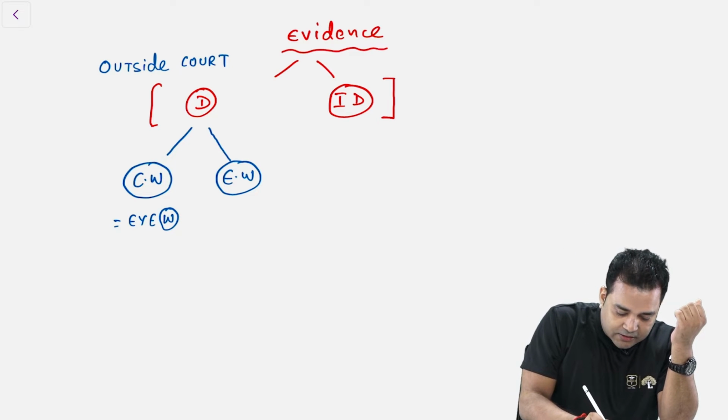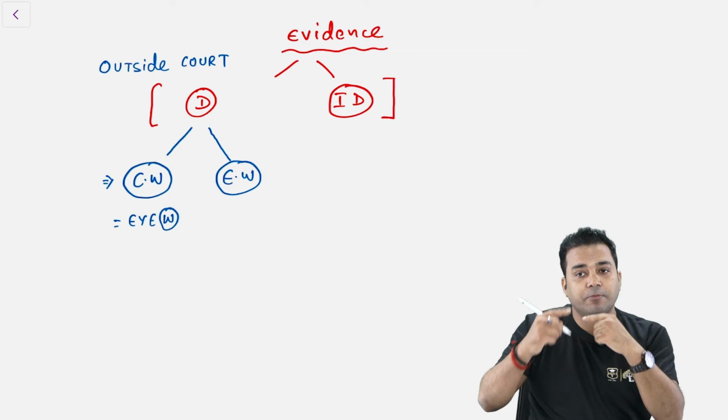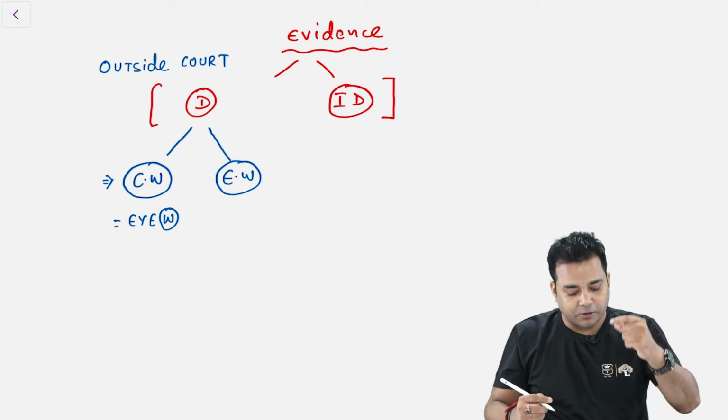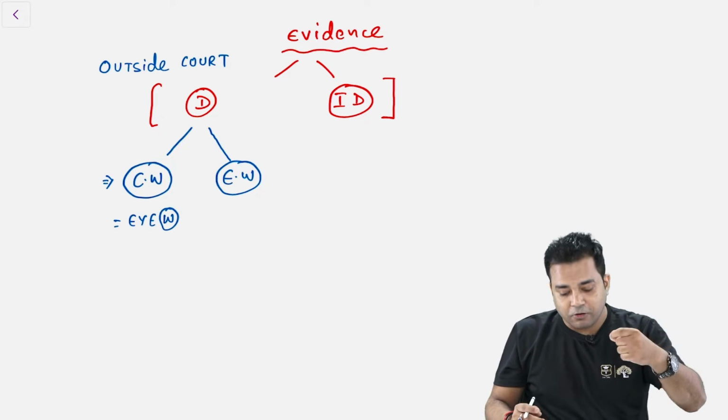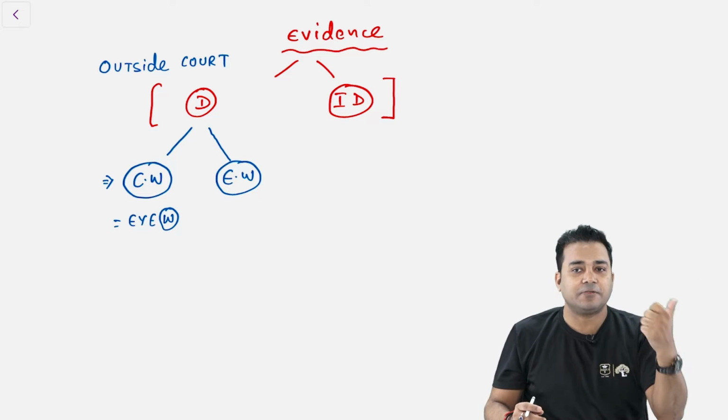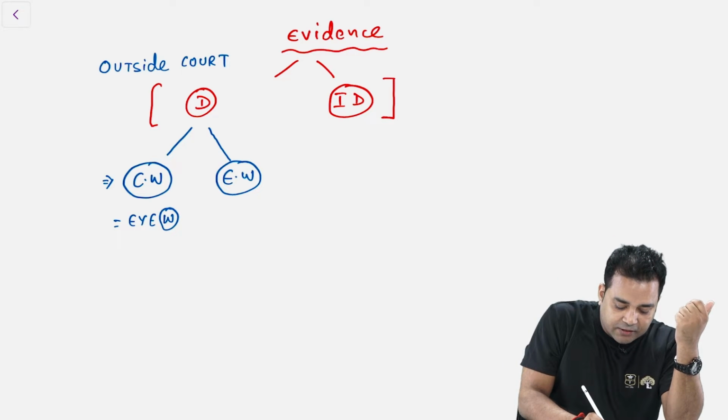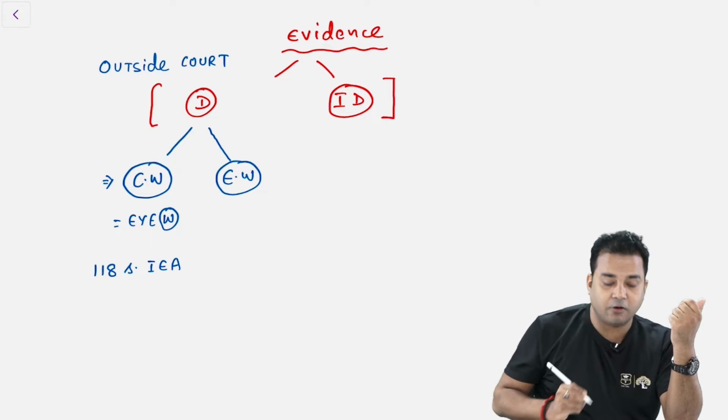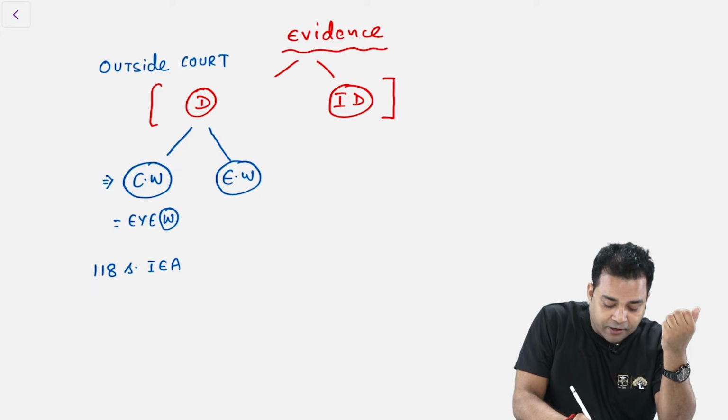So these witnesses acquire which type of evidence? Direct evidence. A person who has seen the crime occurring, common witness, and they will always have which knowledge? First-hand knowledge. And common witness is defined in section 118 of Indian Evidence Act. On the other hand, expert witness is defined in section 45 of Indian Evidence Act.